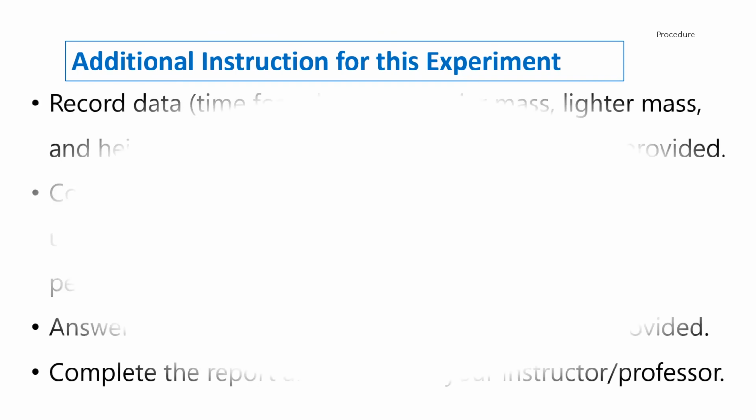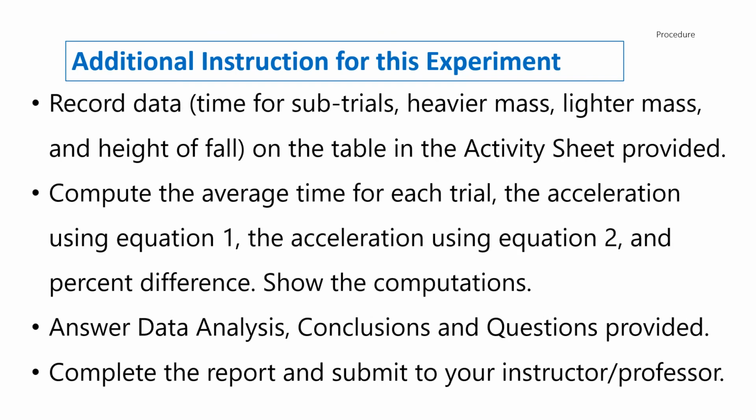For additional instructions in this activity, record the data, time for sub-trials, behavior mass, lighter mass, and height of fall on the table in the activity sheet provided.